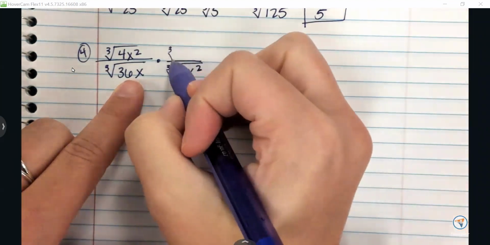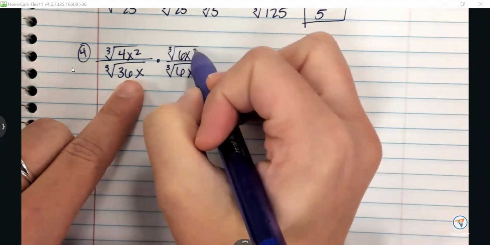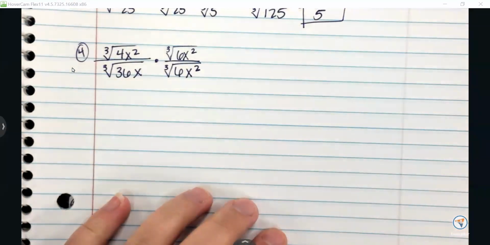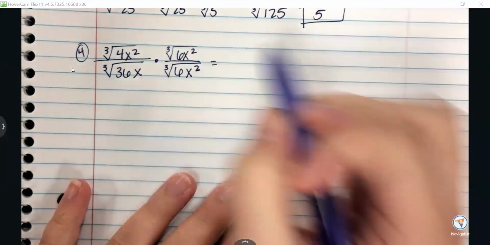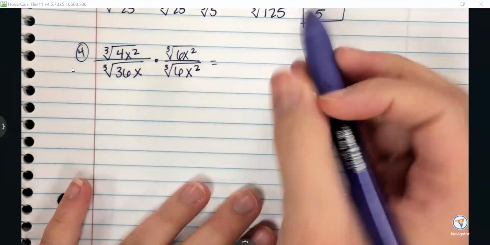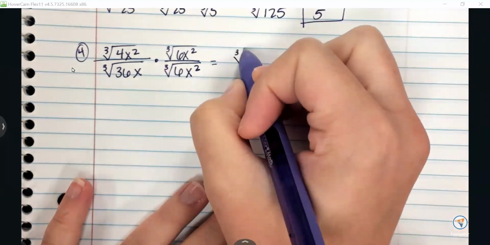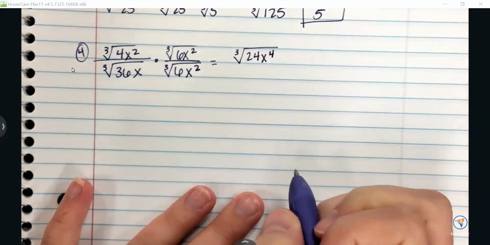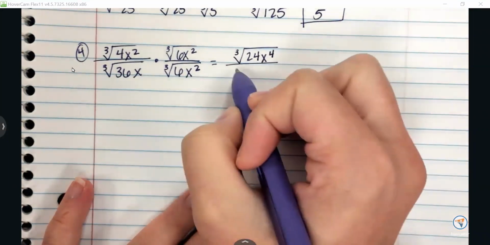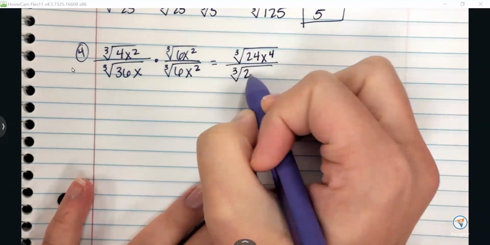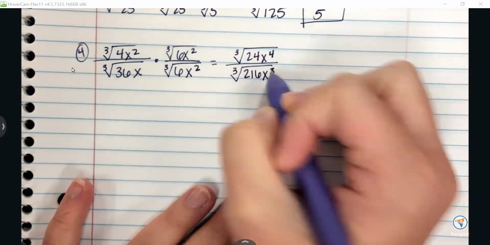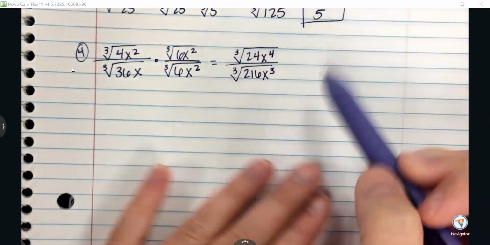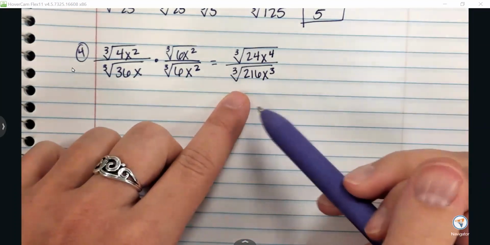So at the top would be the cube root of 6x squared, the same thing. In the numerator, I now have the cube root of 24x to the 4th over the cube root of 216x cubed.